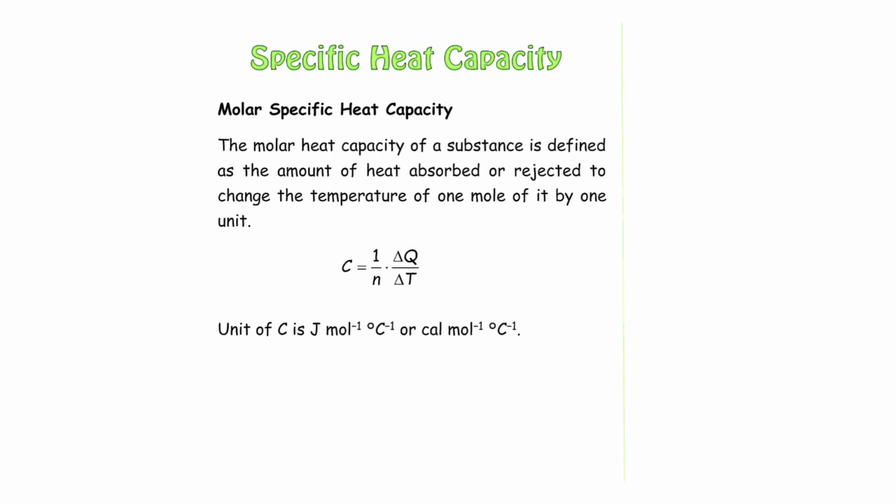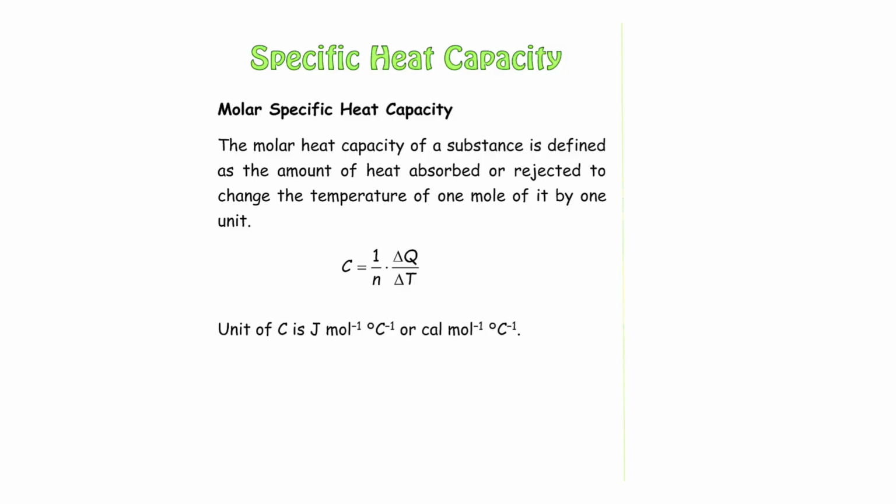Now we can define the molar specific heat capacity. It is defined as the amount of heat absorbed or rejected to change the temperature of 1 mole of the substance by 1 unit.